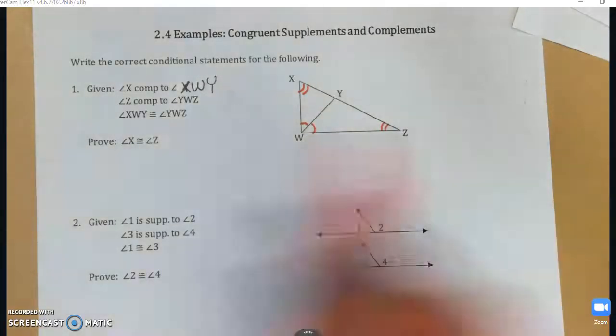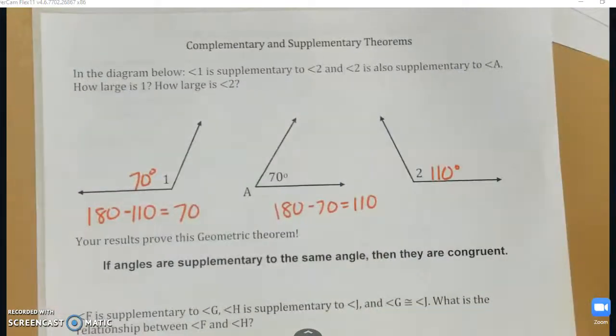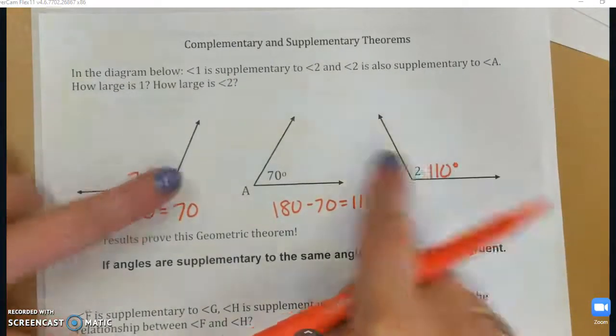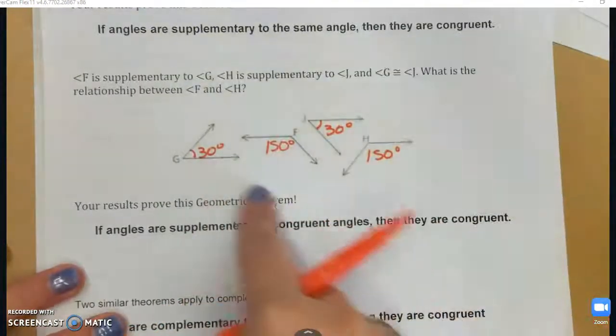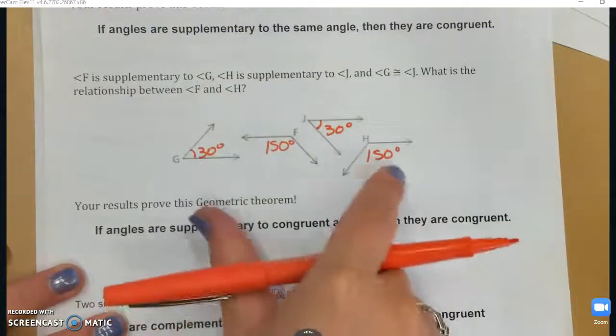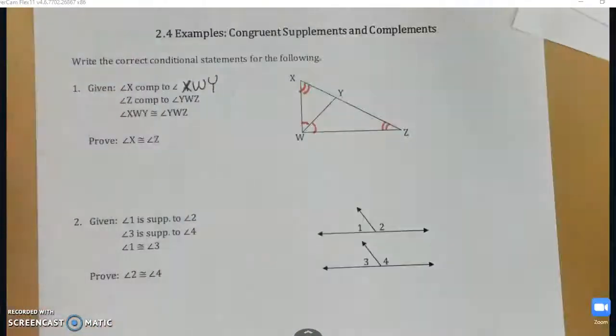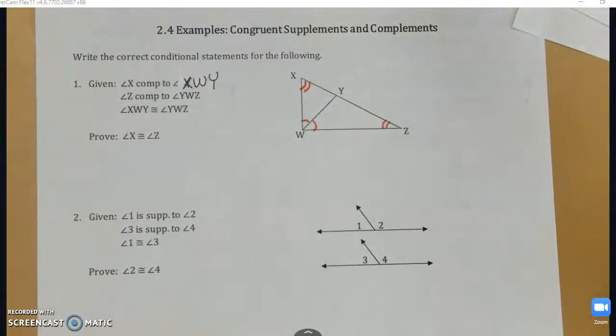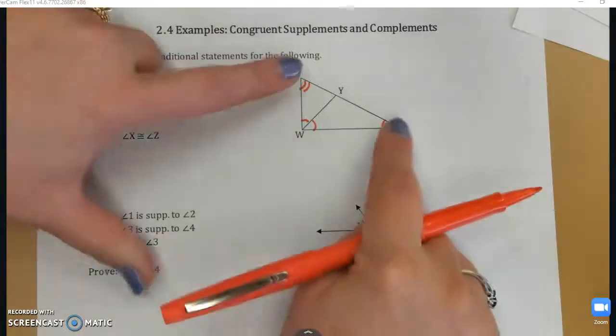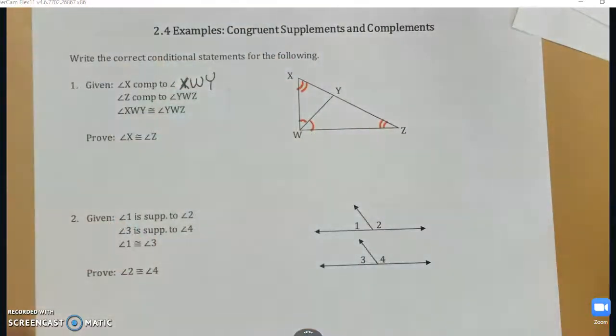For that first diagram, remember, we only had 3 angles. They were supplementary to the same angle. The second diagram, I had 4 angles, and they were supplementary to congruent angles. So if you have more than 3 angles, that is a surefire way to know that you are looking at angles that are complementary to congruent angles.